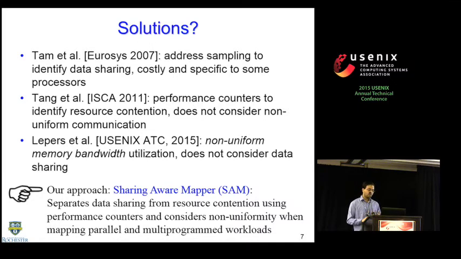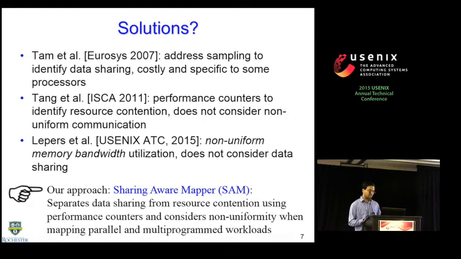Tang et al. study a way to leverage performance counters to identify resource sharing, but they do not consider the aspect of non-uniform access latencies. And a paper that we saw yesterday by Lepers et al. studied the maximization of non-uniform memory bandwidth that's available to an asymmetric machine, but in their research, they do not talk about the aspects of sharing a shared cache.